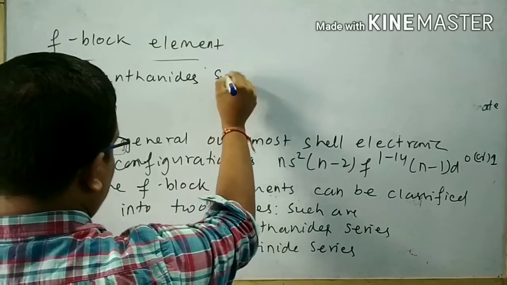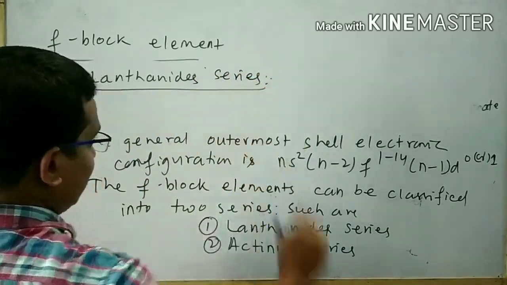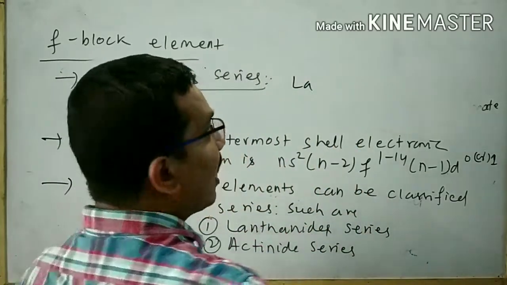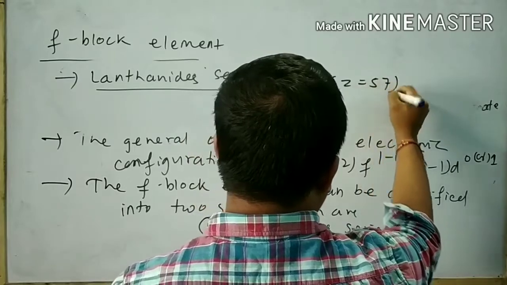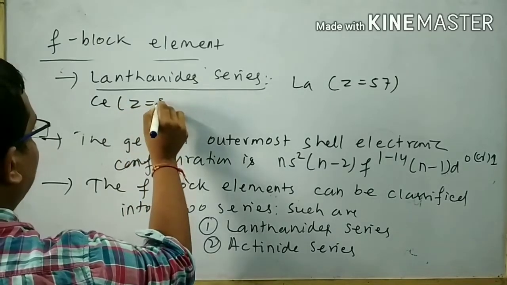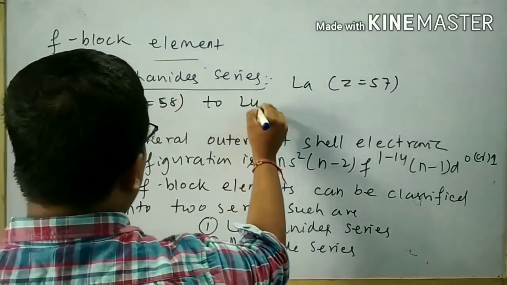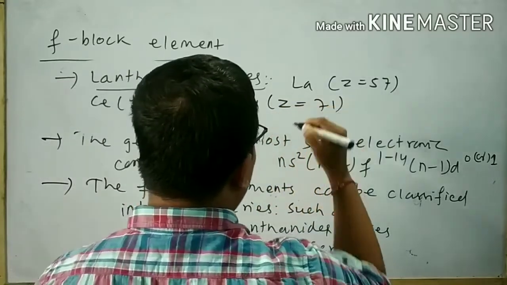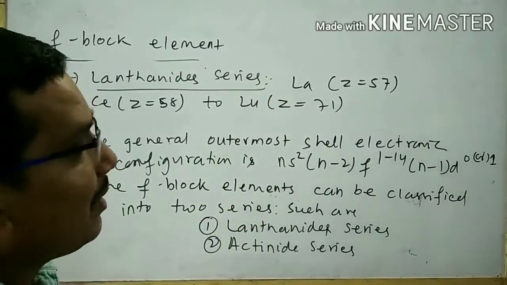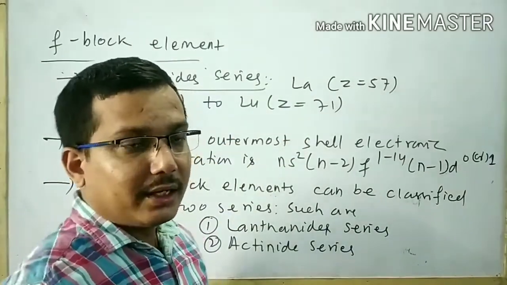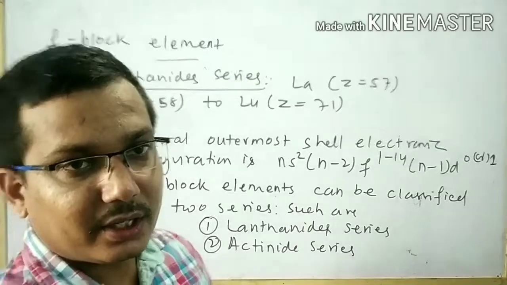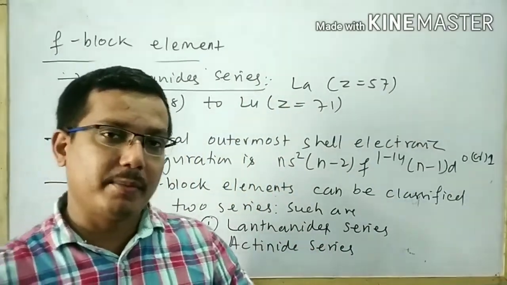Lanthanide series is the first series, which includes the elements lanthanum having atomic number 57, cerium having atomic number 58, to lutetium having atomic number 71. Remember, lanthanum belongs to the D block element, but it obeys all the characteristic properties of F block elements.